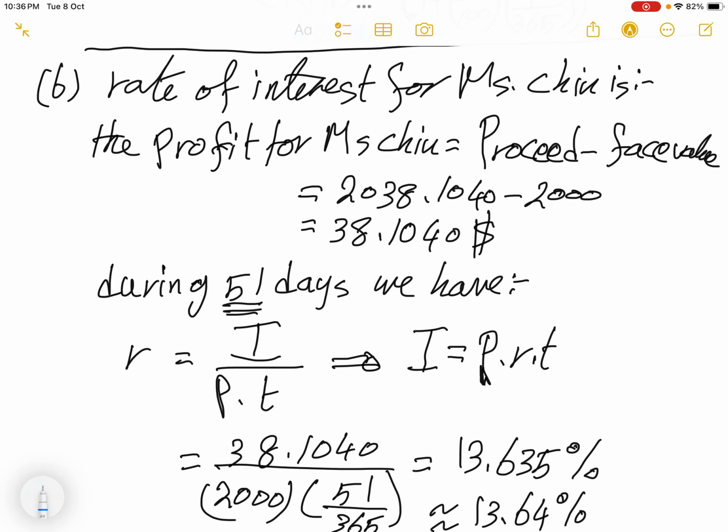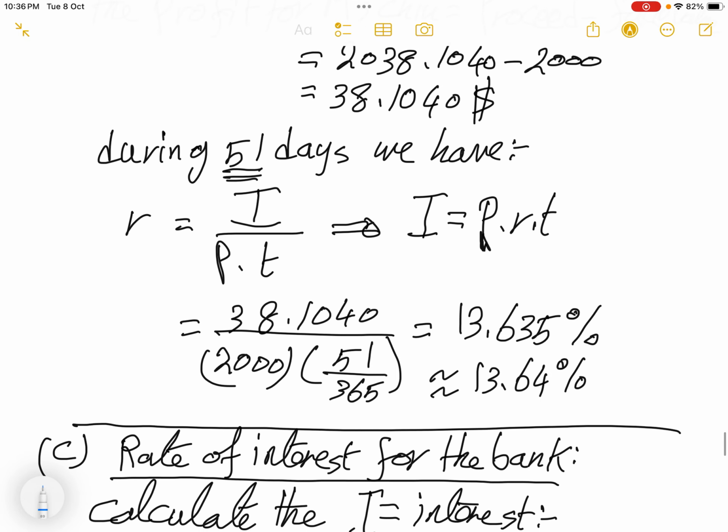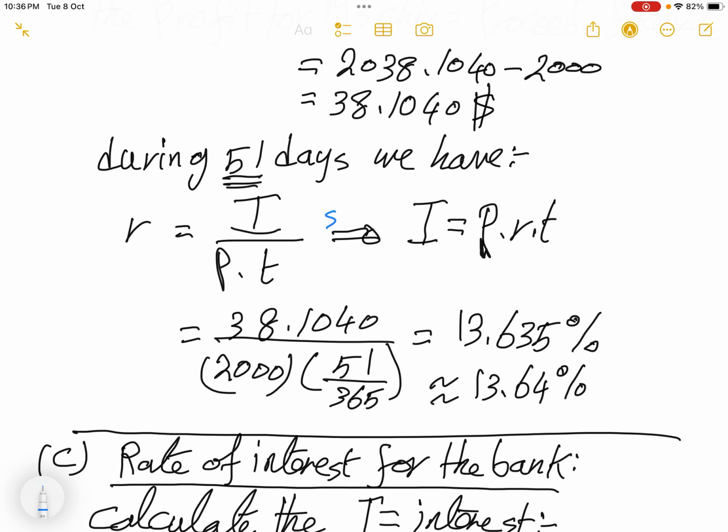During 51 days, we have R equal I divided by B multiplied by T. Then you will have 0.1363 multiplied by 100. You will have 13.63%.